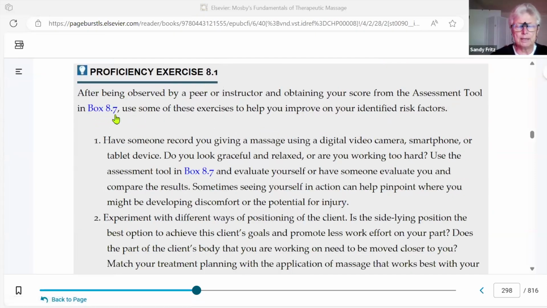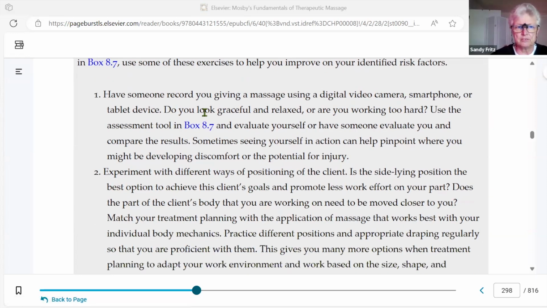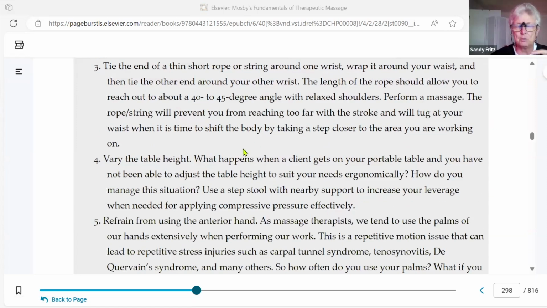So it really is helpful to do these proficiency exercises and have somebody watch you and then play around, vary the table height. Somebody that is tall with long legs is going to need a relatively high table.